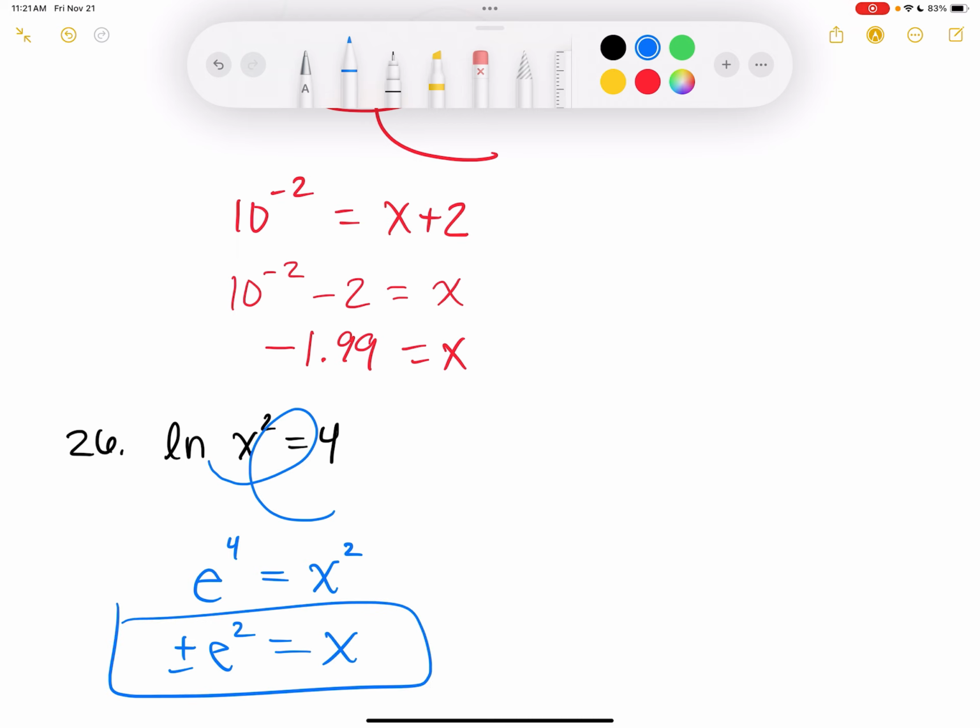Now, the book's probably going to write this as 7 point whatever it is and negative 7 point whatever it is. You don't actually know that. Yes, I do. I just put it in my calculator. It's like 2.79. E squared has to be like 7 something.